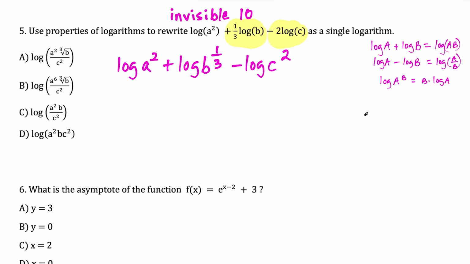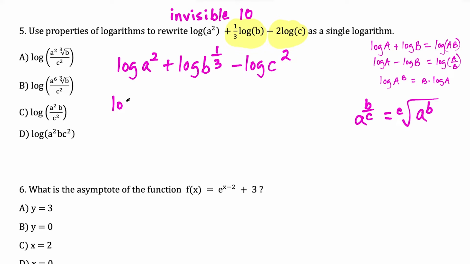The next idea that we need to know is that when I have something like A to the B over C, this is power over root. I could write it as the C root of A to the B power. The power and the root go in these places: we put the root in front of the radical and the power inside. That's how I'm going to deal with this term.